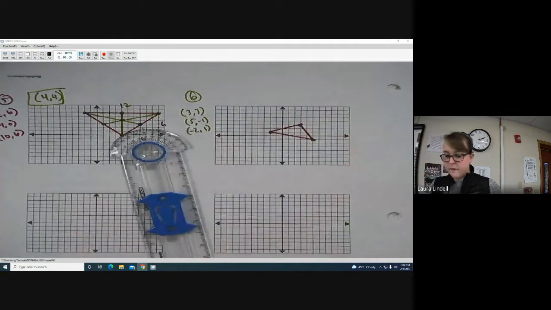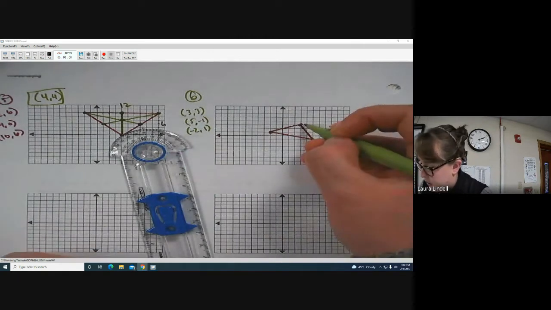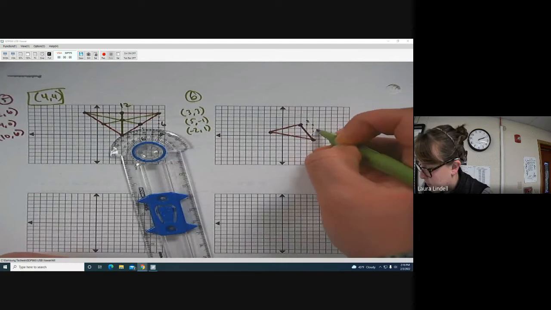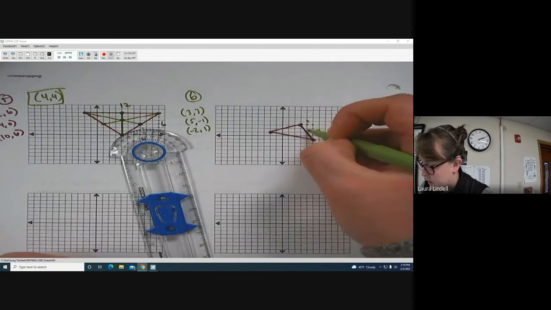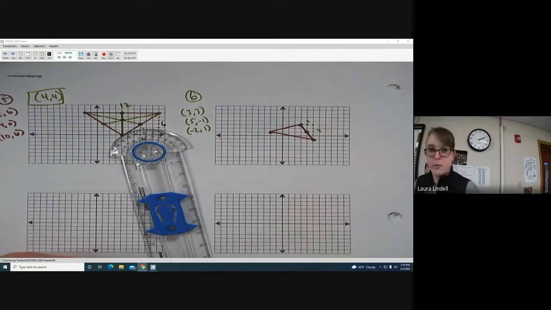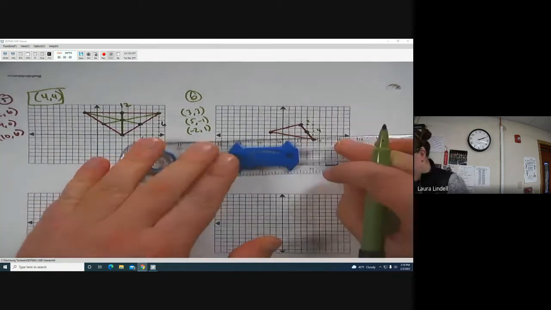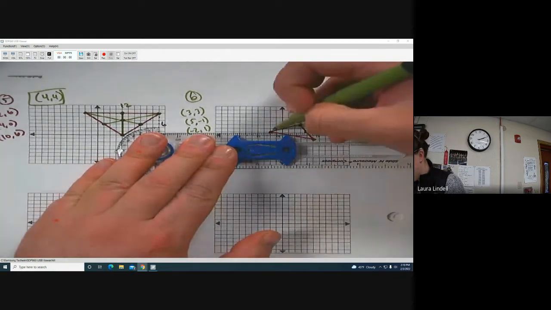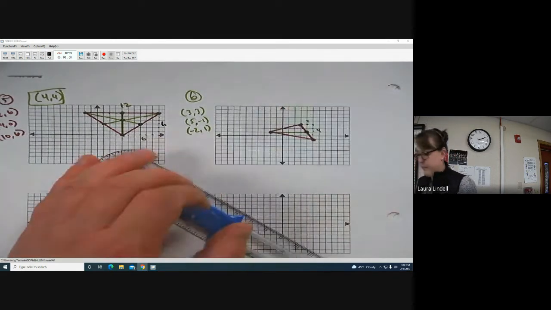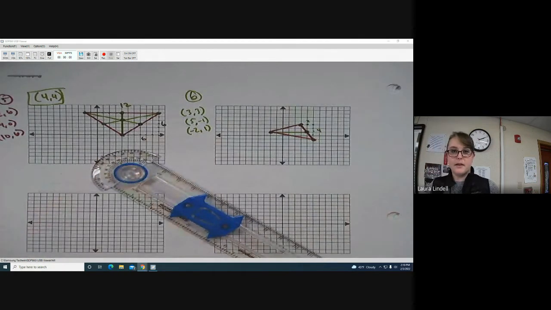And now we got to start finding some midpoints and stuff like that. So on this one, I have to go over 2 and down 1, 2, 3, 4. So instead, I would go over 1, down 2, and there's my midpoint. And I'm going to connect that with the opposite side, just like that. And there's my first median.